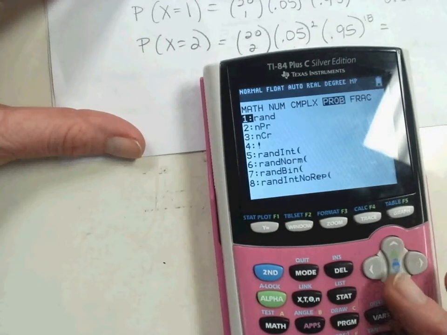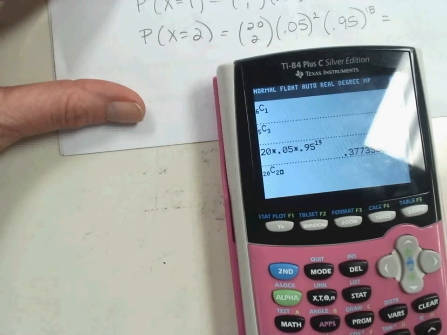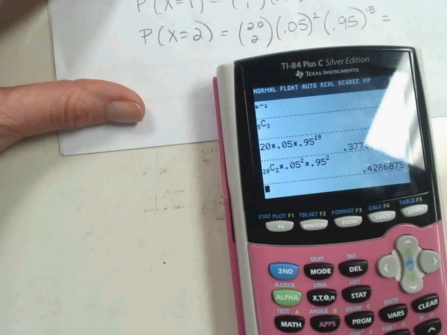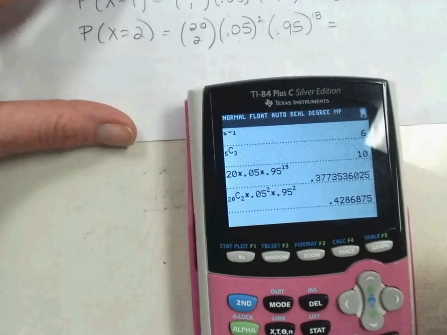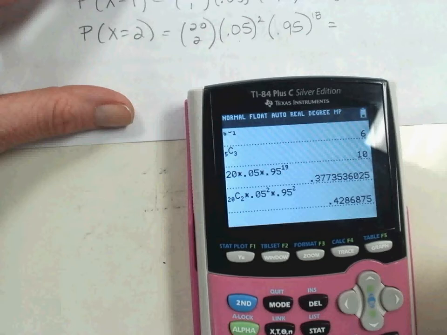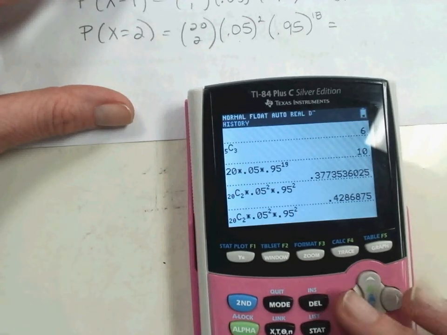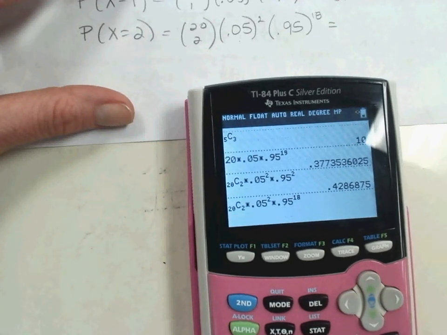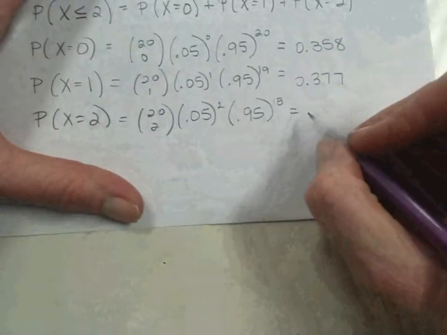At this point, you may want to go ahead and use your combination key. 0.189. Is that what you got? Am I wrong? No? Does anybody else get 0.189? Second, instead of the 18th. Okay. Whew.